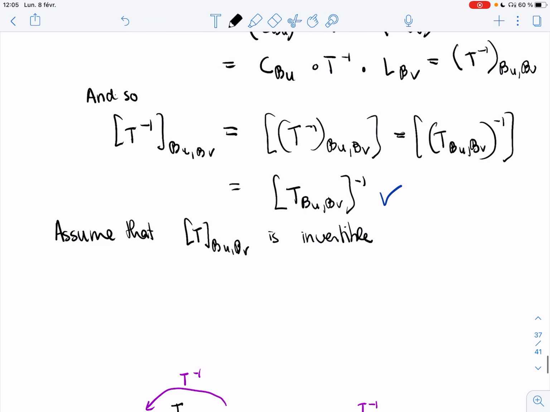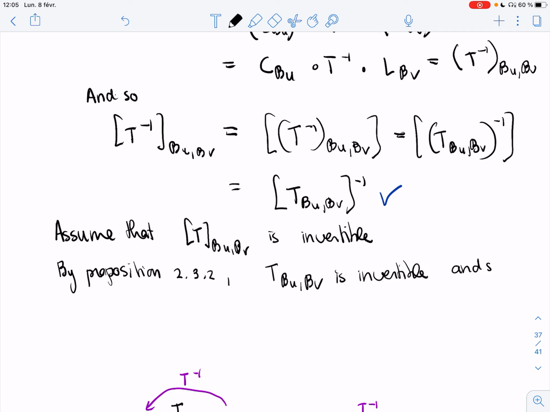Well then, by the same proposition, proposition 2.3.2, sorry, the Euclidean map T, BU, BV is invertible.